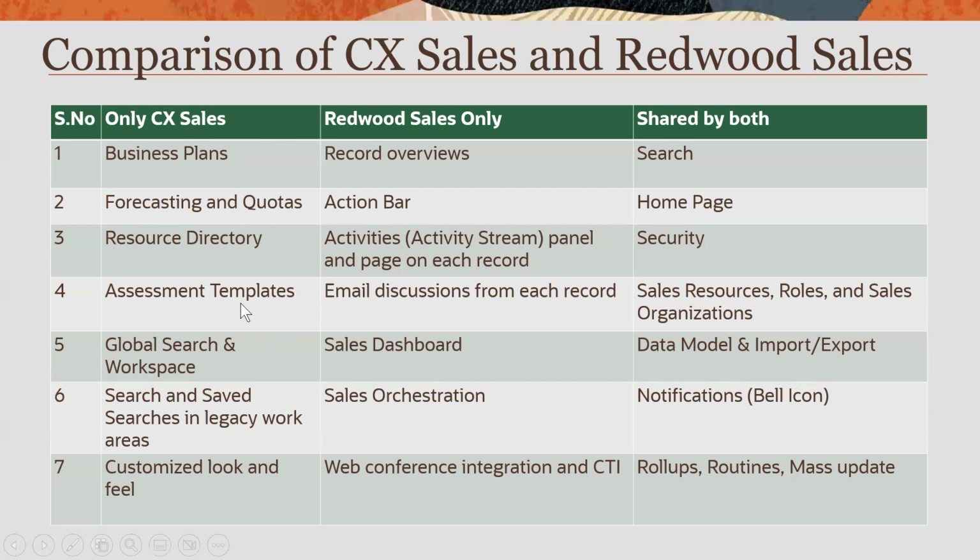Assessment templates, we use for lead, opportunity, account, partner, etc. This is not available in Redwood Sales, and there is a different way, which is also not yet released. That is Redwood interviews. With those interviews, we can achieve the same steps or same features.